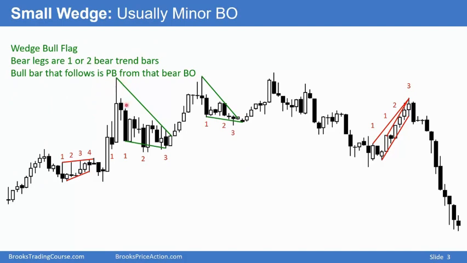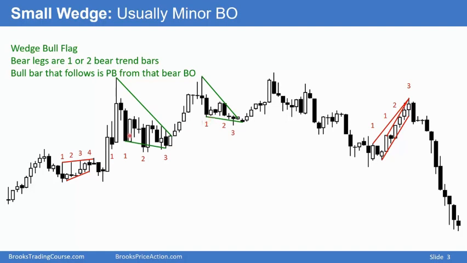Wedge bull flags, we have a bull trend, and a wedge bull flag here, wedge bull flag here. In these bull flags, we have a couple bear bars here, 1 bear bar here, a couple bear bars here, here 1 bear bar, another bear bar. And the bear bars are attempts to create a bear breakout.